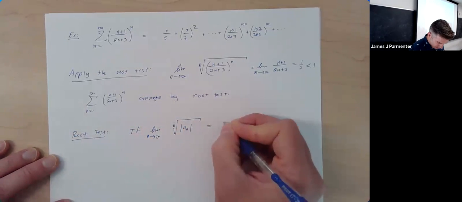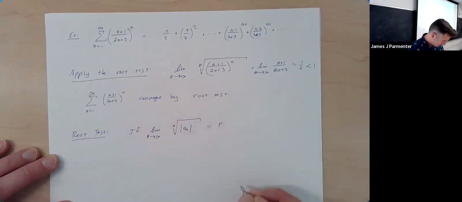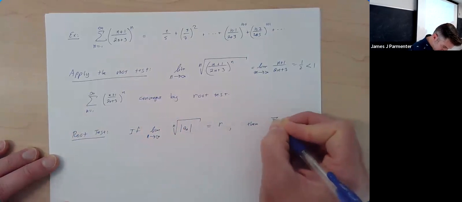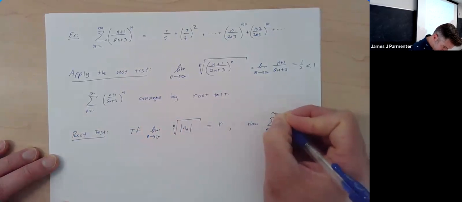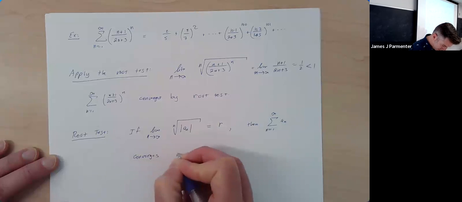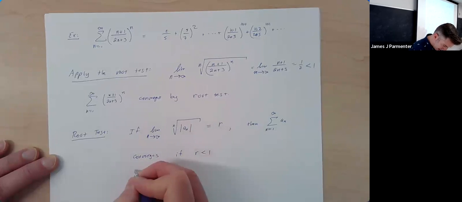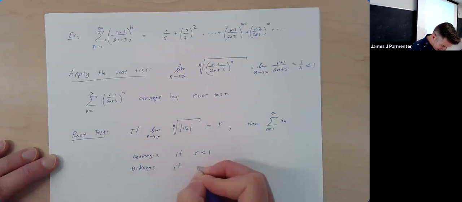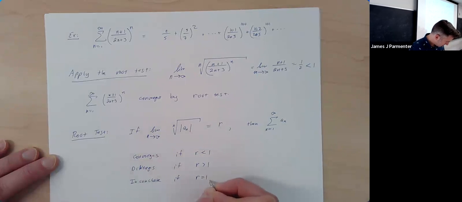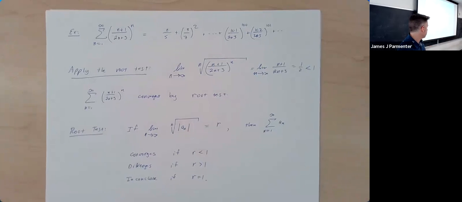If that limit is equal to some ratio R, then the series from n equals whatever to infinity of A sub n converges if that ratio is less than 1, diverges if that ratio is greater than 1, and as is typical, inconclusive if that ratio is equal to 1.